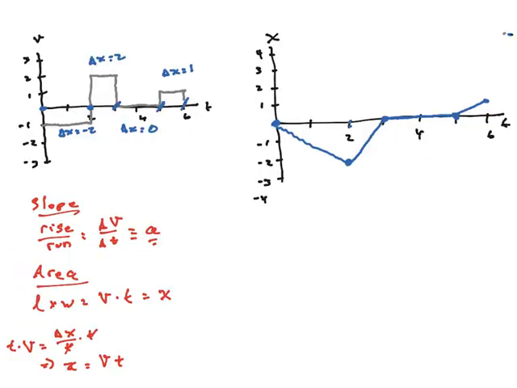For this example, we were given the velocity and we want to calculate position. We had to use the area to do that. Now, just for future notice, because it works exactly the same, given a position, if you want to get velocity, you do the slope.